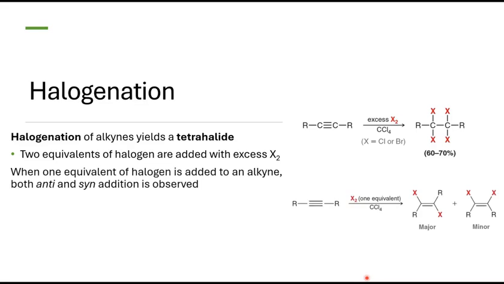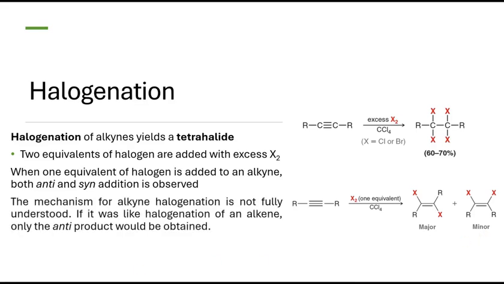When one equivalent of halogen is added to the alkyne, we get both the anti and the syn products, where we have the anti as major and the syn as minor. The mechanism for alkyne halogenation is not fully understood. If it is like halogenation of an alkene, only the anti product would be obtained.